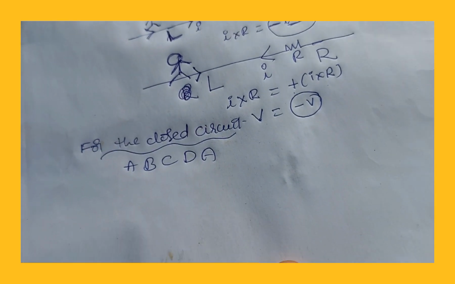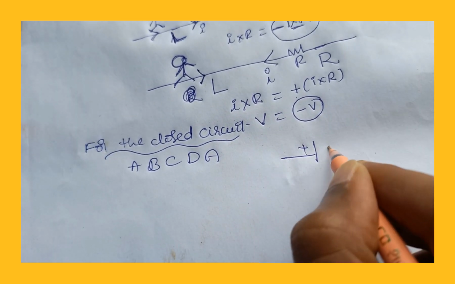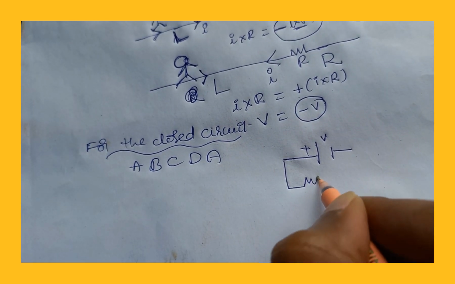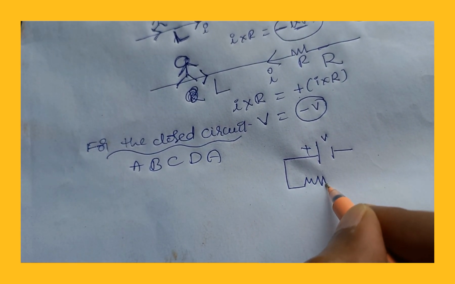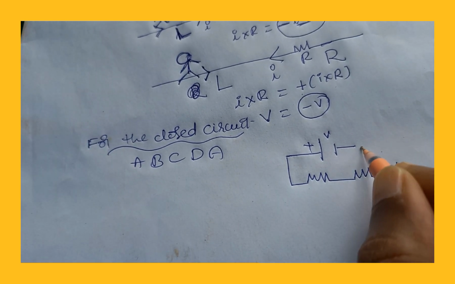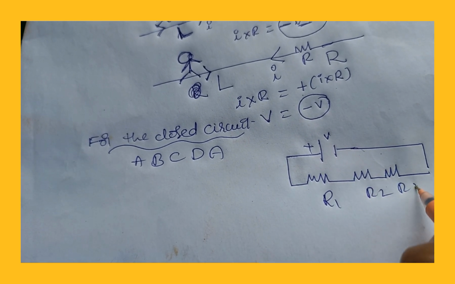So here again we are drawing the closed circuit. It is a cell of potential difference V, and it is the resistor having resistance R1. It is the resistor R2, it is the resistor R3. R1, R2, R3.